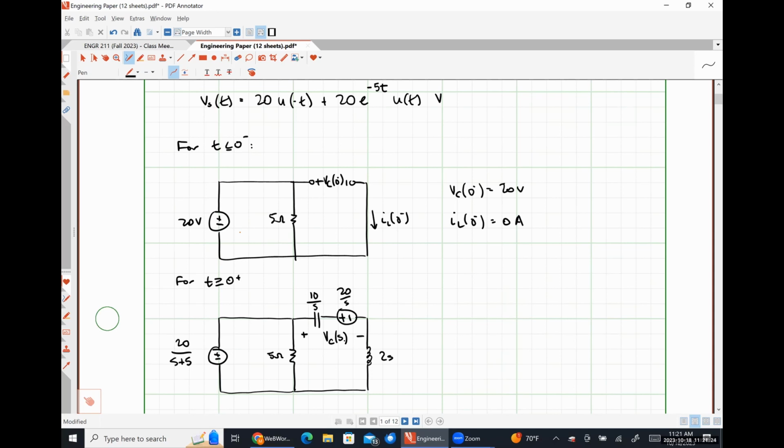Yes, ma'am. If the initial condition for the inductor was 5 amps up, I could choose to represent it as a voltage source in series with that inductor, having a value of 5 amps times L, where it would have been negative polarity on top, because the current would be flowing into the negative polarity terminal, or it would be a current source in parallel, where it would have been 5 amps over S, direction down.